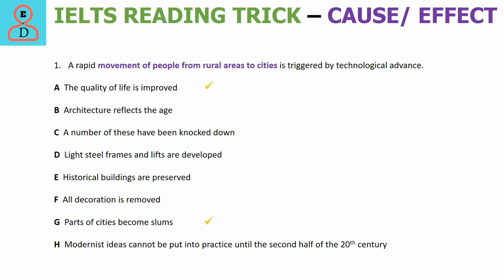Now listen very carefully as I explain why option A cannot be our answer. Option A is a general statement, which means that everybody who moves from village to city gets a better quality of life, which is obviously not true.